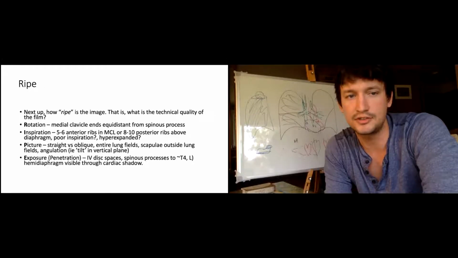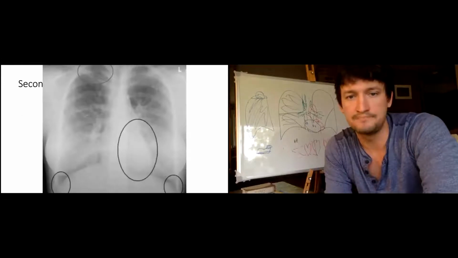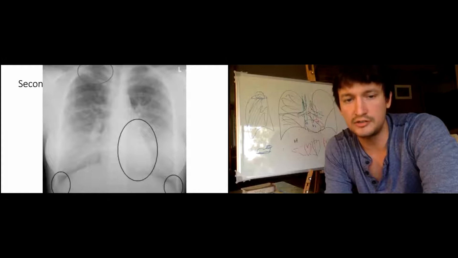This is the details I was talking about. So the RIPE acronym, the rotation, the inspiration, picture exposure, we went through that pretty good. You can go on. This is just kind of some secondary areas that a lot of people miss. It's important to look at the apices of the heart to make sure you're not missing pneumothoraces.